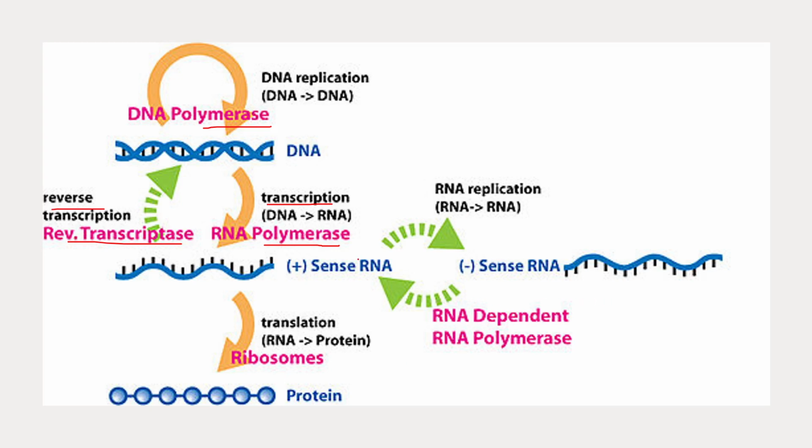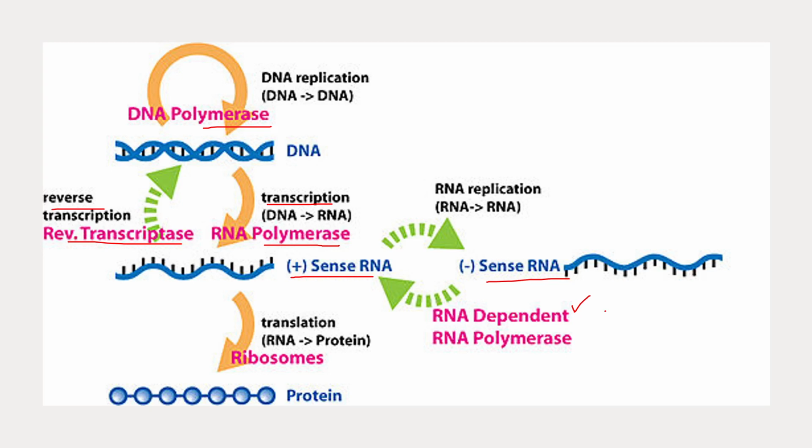And in bacteria and viruses, it has also been found that RNA replicates from plus sense RNA to negative sense RNA, and it requires one enzyme, that is RNA dependent RNA polymerase, that is RDRP. And what is the plus point of this RDRP, which is found in different prokaryotes?